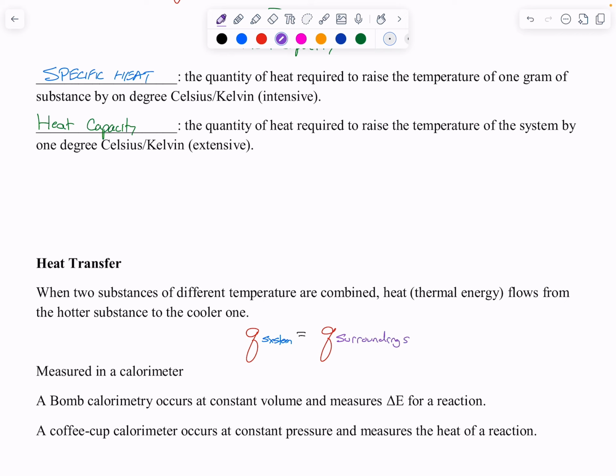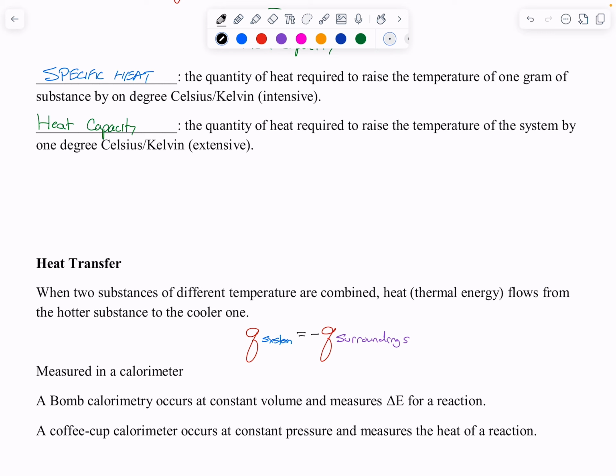And of course, one's negative. And we always make it positive for the system. So the heat lost by the oven is gained by the knuckles, right? That's exactly what happens.